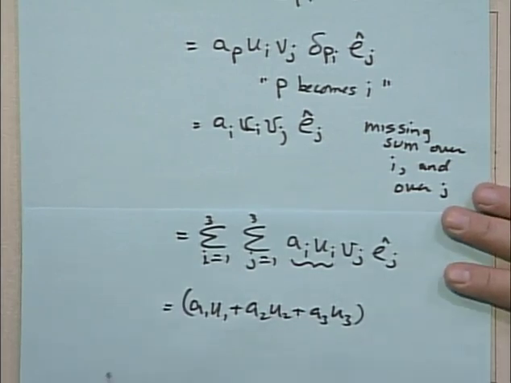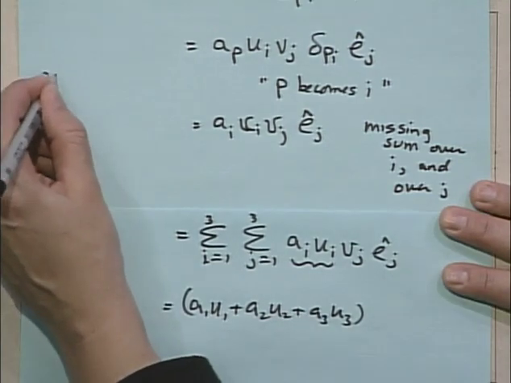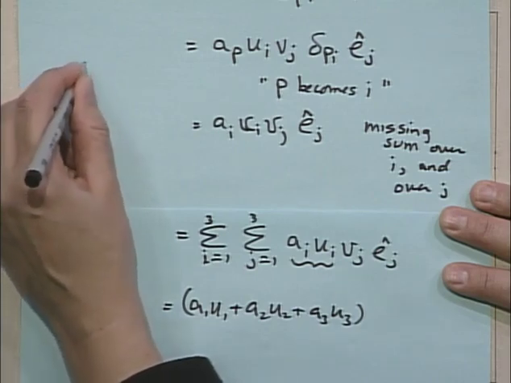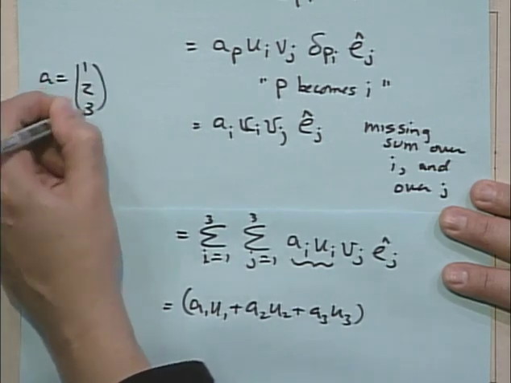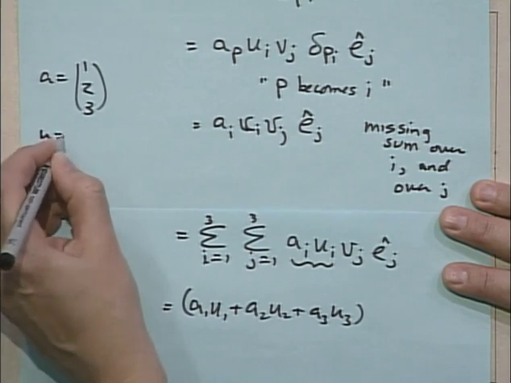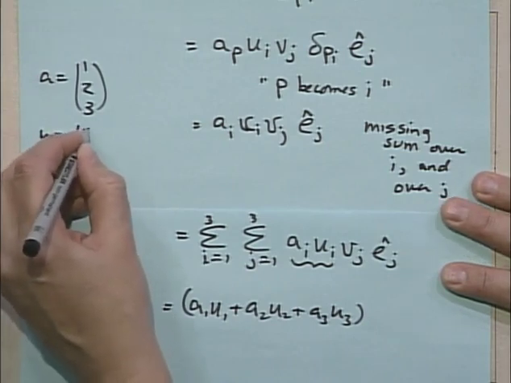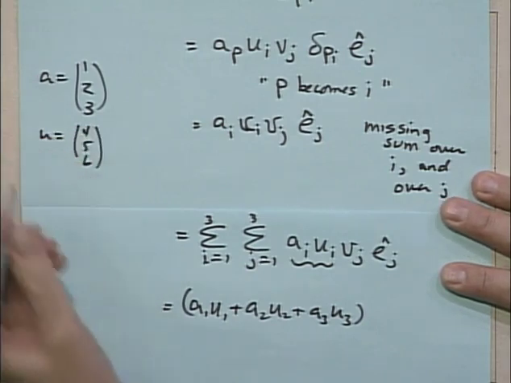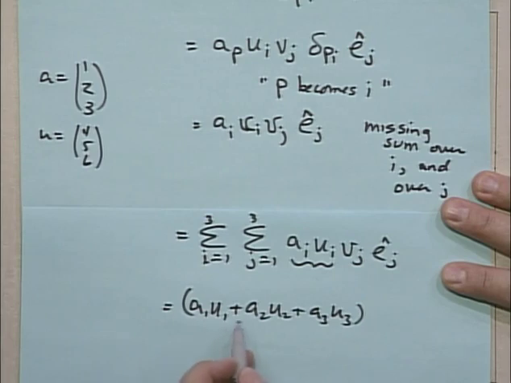If a had been 1, 2, 3, and u had been 4, 5, 6, then a1 u1 would be 4, a2 u2 would be 10, a3 u3 would be 18. We'd add those three numbers up, we'd just get some number.